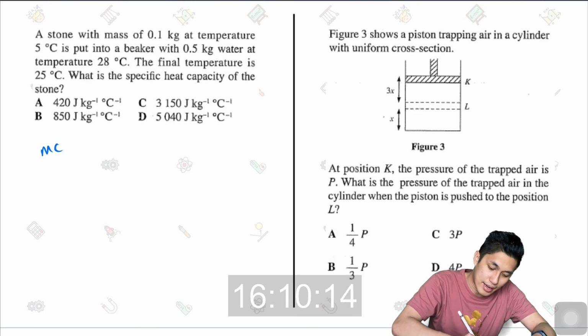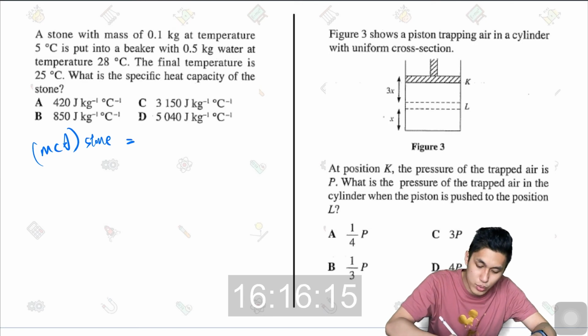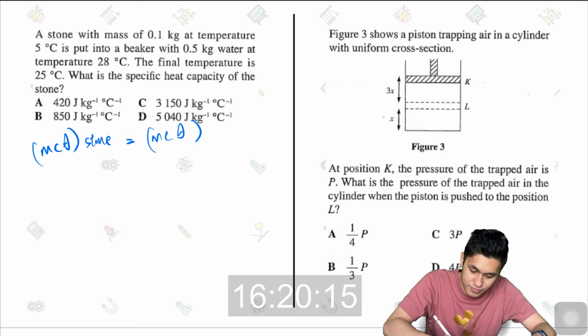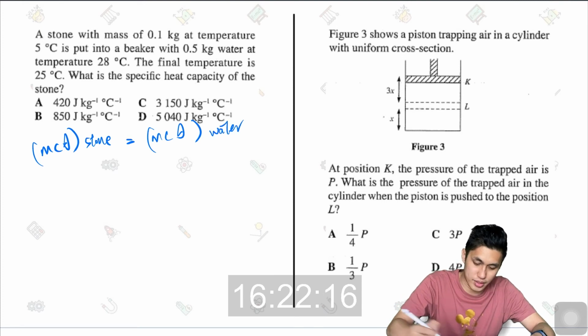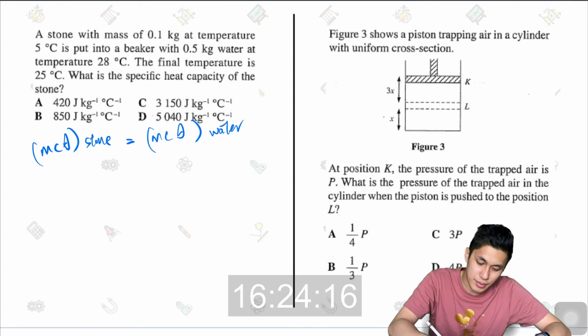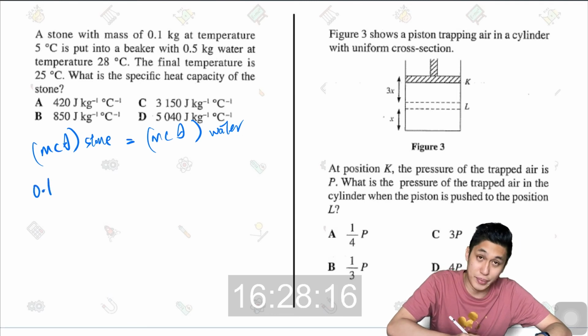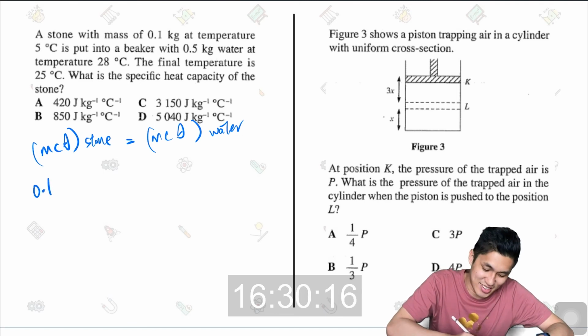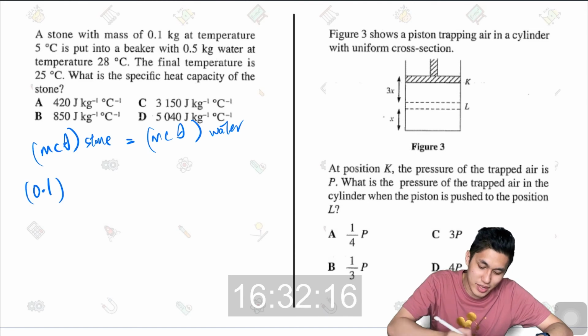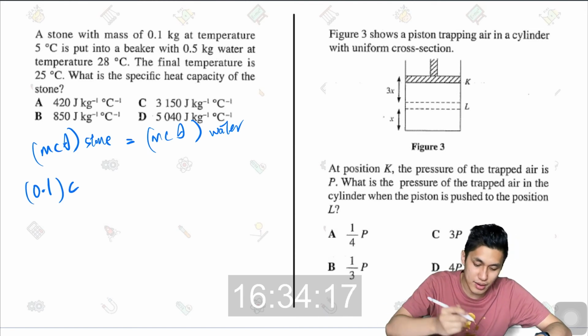The heat that comes out from the stone must equal the heat that goes into the water. So, the mass of the stone is 0.1. Ignore the birds outside. And the specific heat capacity of the stone is what I'm trying to find.